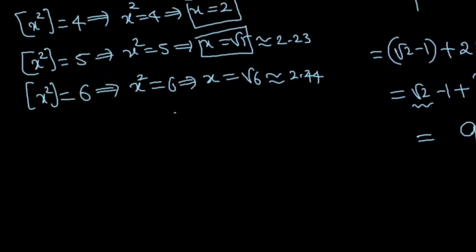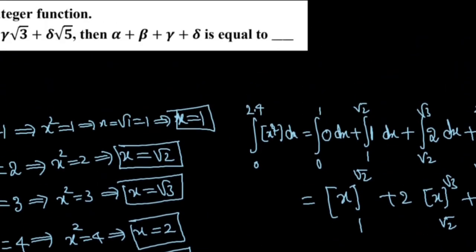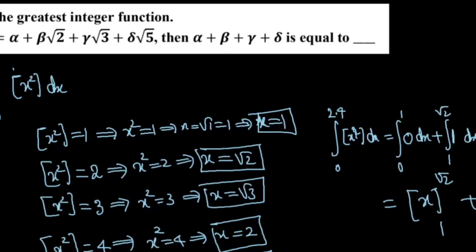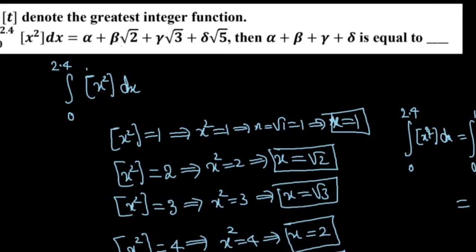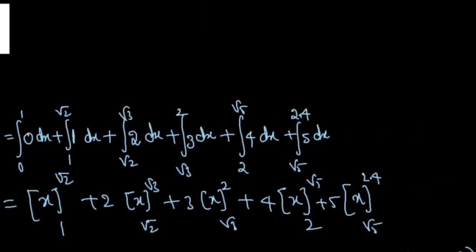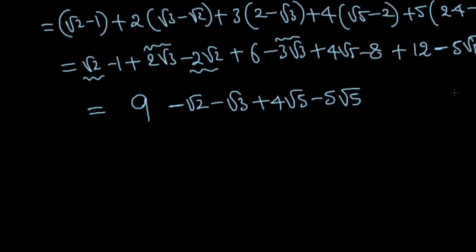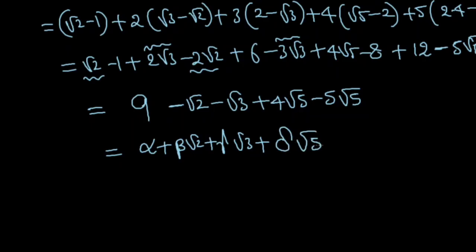This is the result, but let us see what is given. Given is alpha plus beta times root 2 plus gamma times root 3 plus delta times root 5.